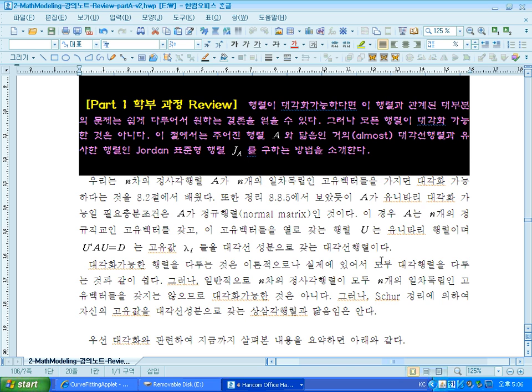We would like to simplify that linear system of equations to a form which we can easily deal with.